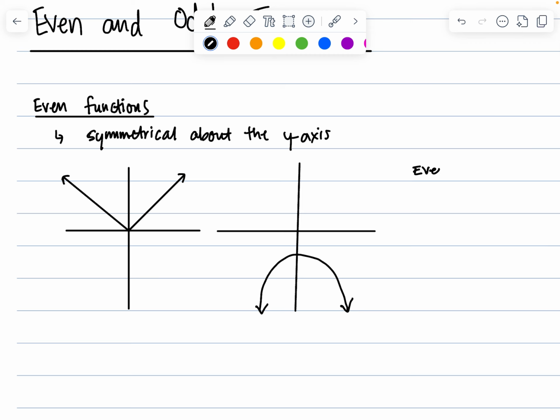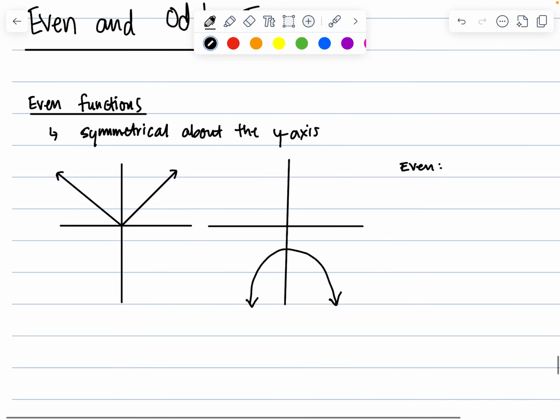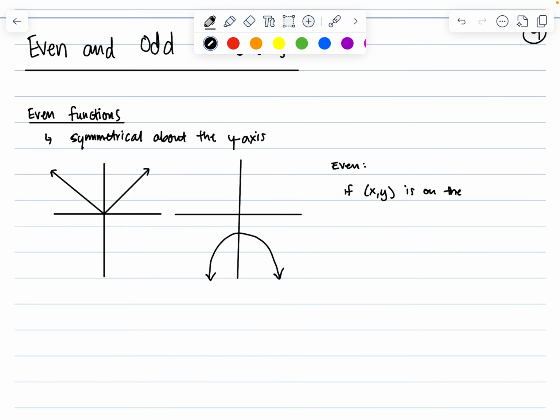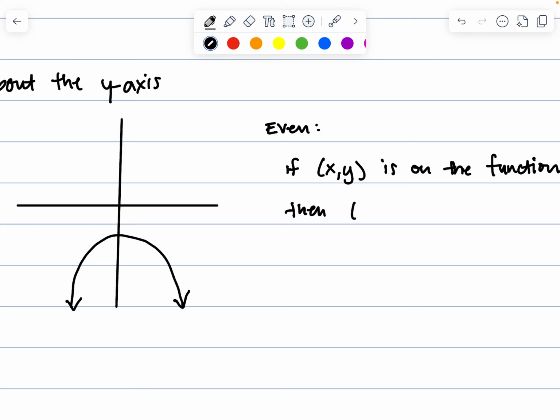It is even if x comma y is on the function, or if f of x, y is on the function, then what you would do is you would take the negative x of it, and the output would still be the same y.